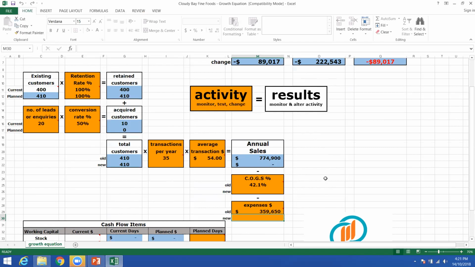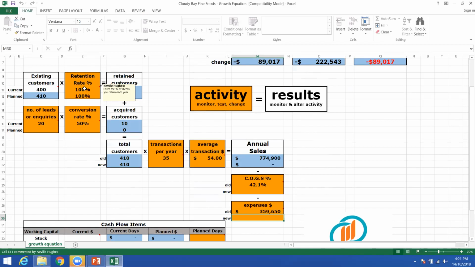When I'm running a business planning session using the growth equation, I ask clients 3 questions in respect of each driver. And the first question is, were you aware of the number? I said before, Nigella knows her numbers, so she's pretty astute on that.